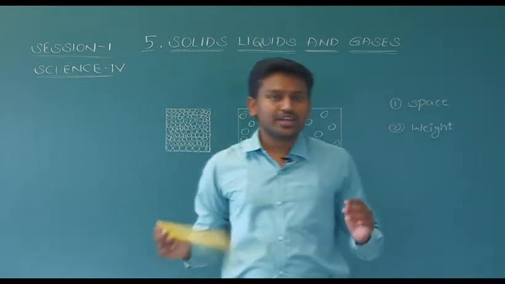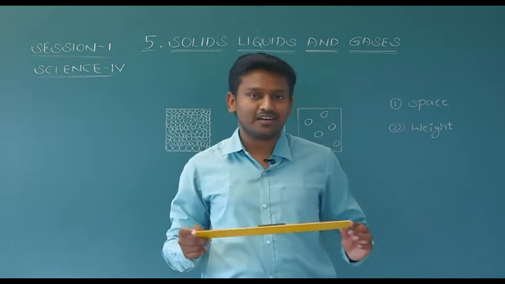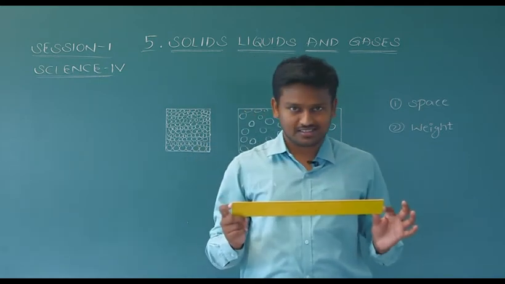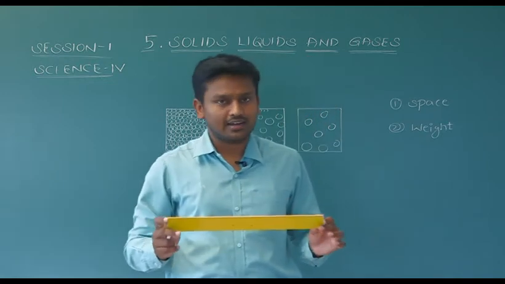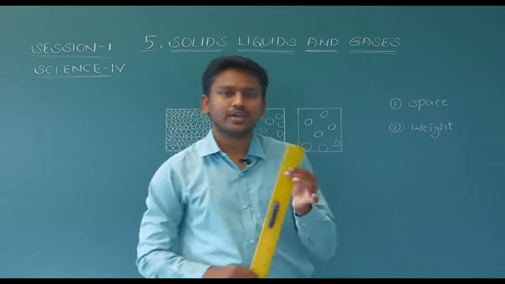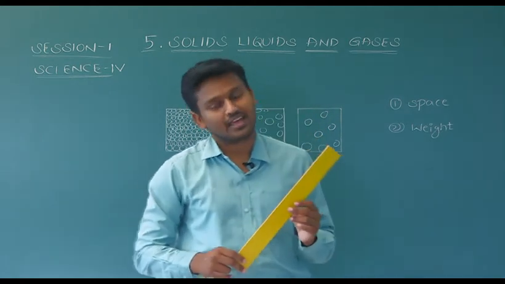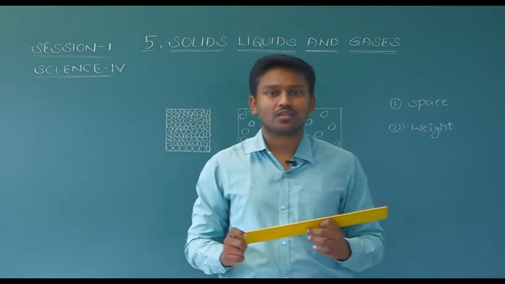So, if we place this ruler anywhere, it occupies space, and not only that, this ruler has weight also. So, we can say this is made up of matter. Yes, it is made up of matter.